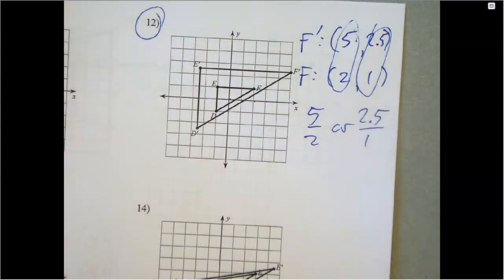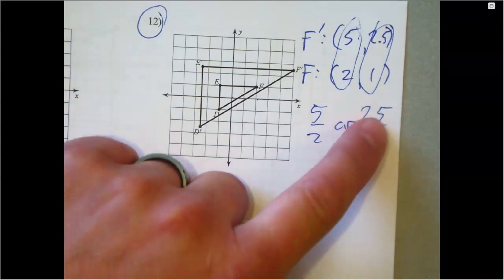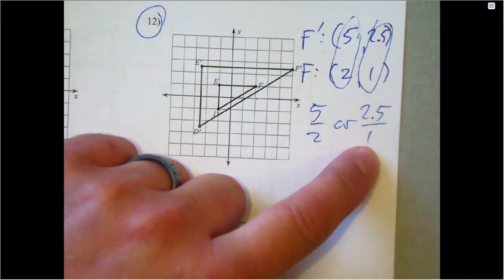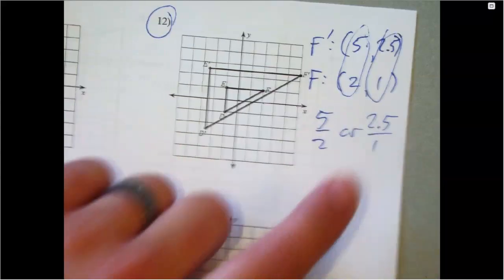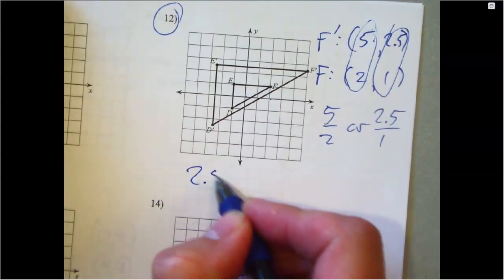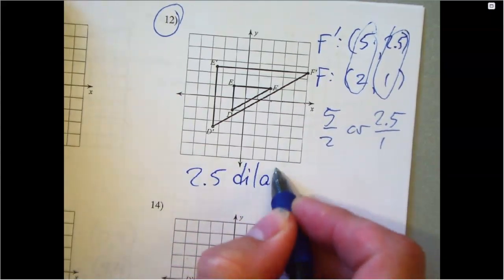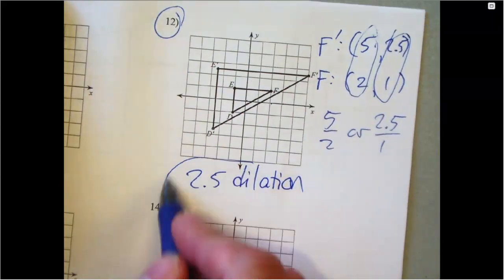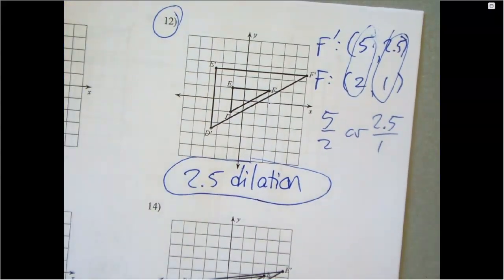Those both come out the same. That was probably easier. So what's 2.5 divided by 1? 2.5, so this is a dilation of 2.5. So the shape stays the exact same. I got 2.5 times big.